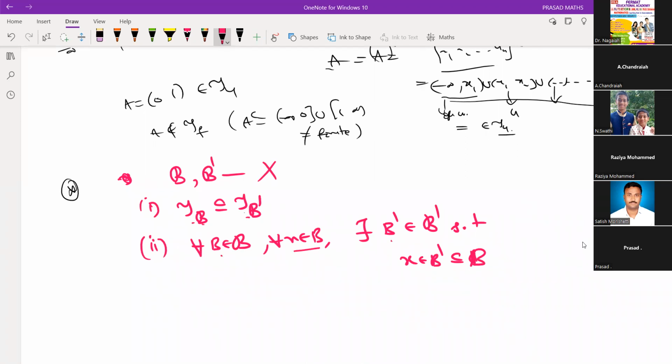There exists another basic open set with respect to B dash such that this B dash contains x and is contained in B. So this is a very, very important result.